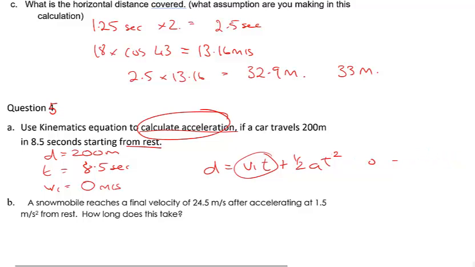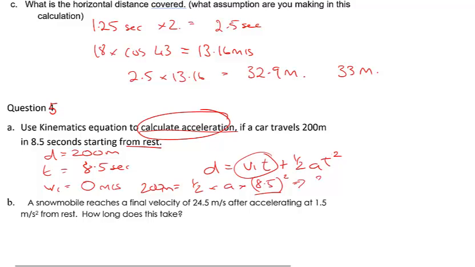Sorry, I'm really at the end there, so I'm just going to rewrite this over here. 200 meters equals half times A times 8.5 squared. I would square this first, just to make sure I don't make a mistake, and then I would times that by half or divide it in 2.